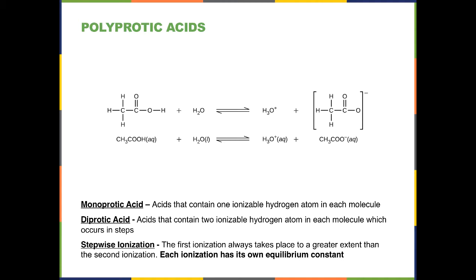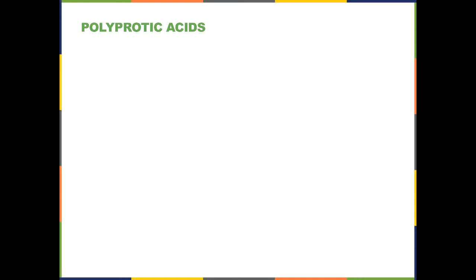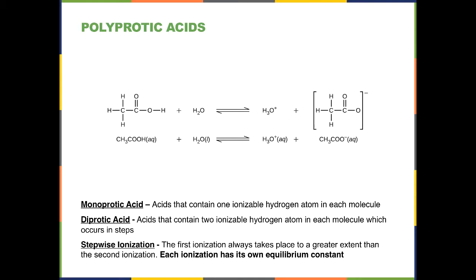And what happens is that you have what's known as a stepwise ionization. So you remove the first ionizable hydrogen, and that has its own equilibrium constant. Then you remove the second ionizable hydrogen or proton, and that has its own equilibrium constant.